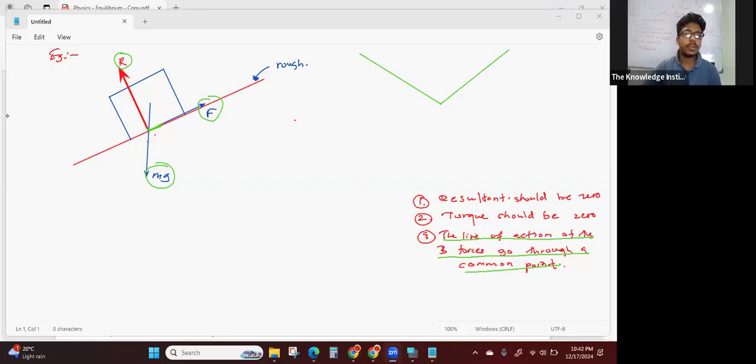It is the line of action of the three forces that should go through the common point.